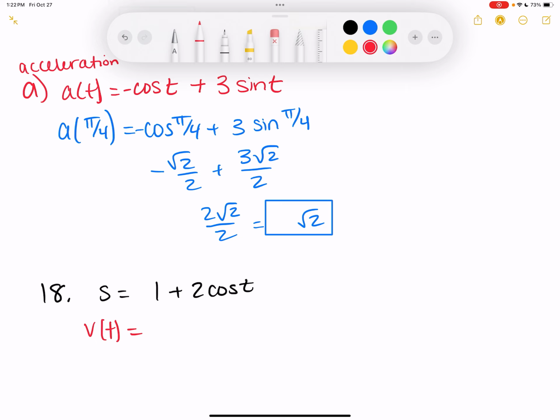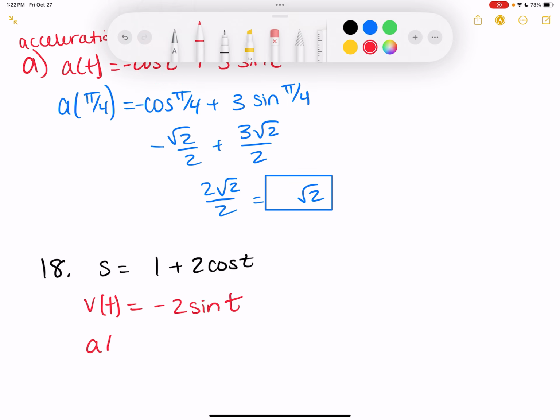Okay, Christian. Christian's got this one. I forgot. I need to follow up. Well, let me write down the question. Steal the answer from Josh. It's negative 2 sine t. Negative 2 sine of t. Acceleration.